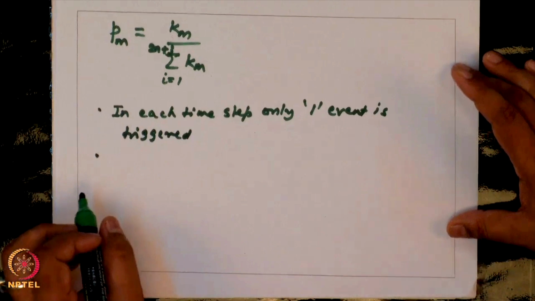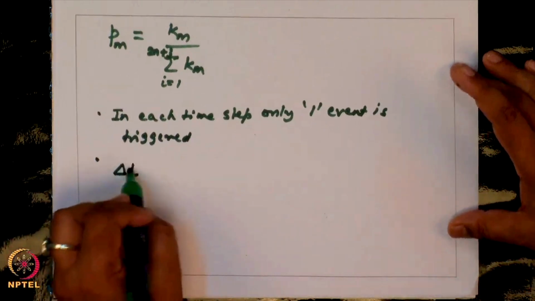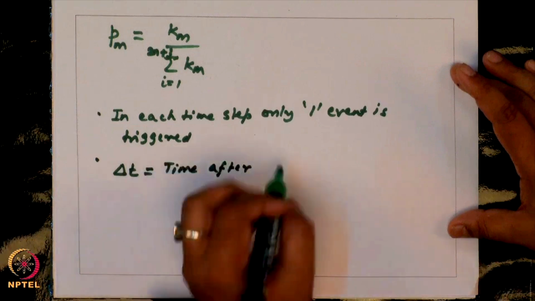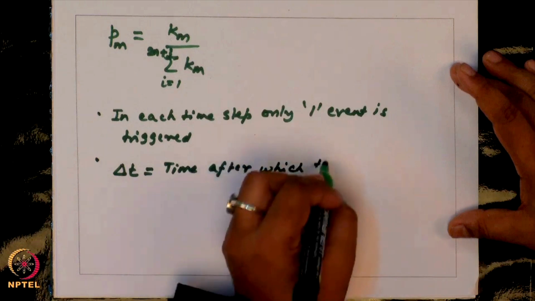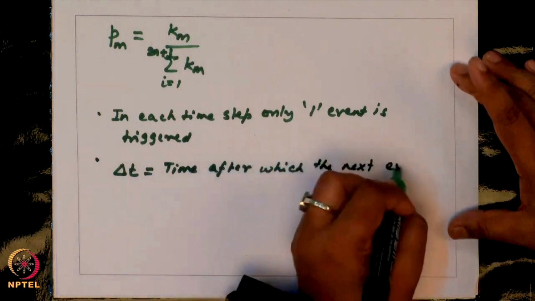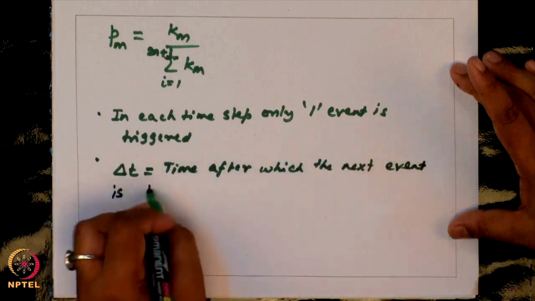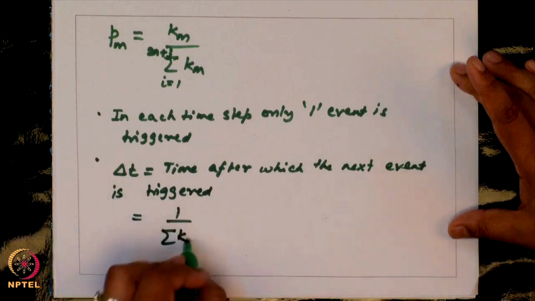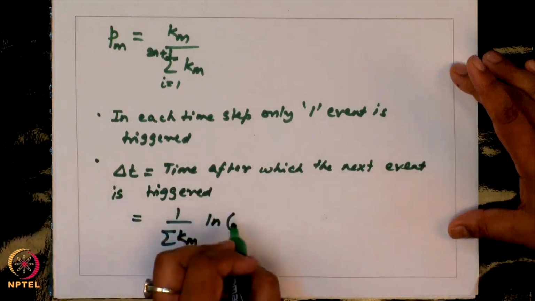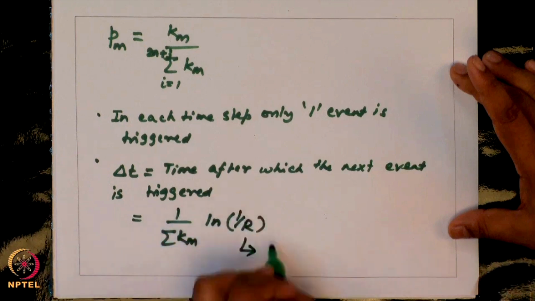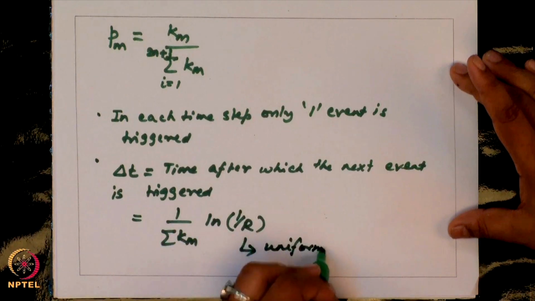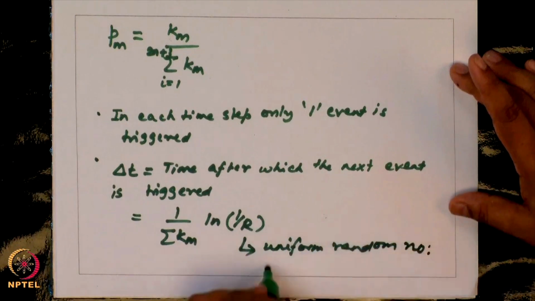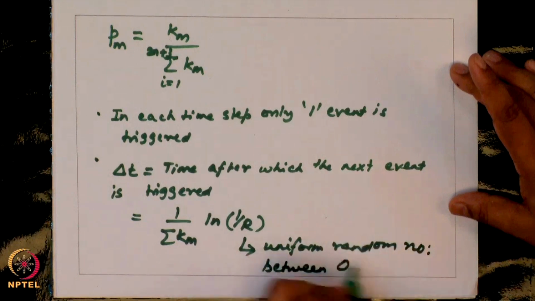And the time after which the next event is triggered, delta t, is given by 1 by the summation of all rates, times log of 1 by r, where r is a uniform random number between 0 and 1.